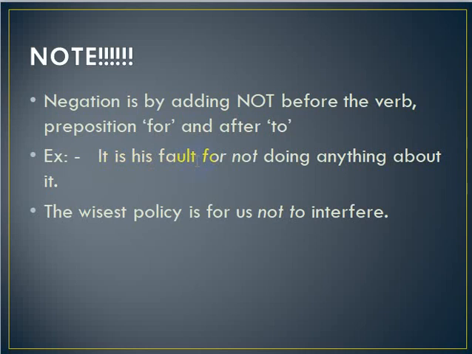Now, to negate this, we add not before the verb and after the preposition for, and after the preposition to, if found. Here we need the word after.